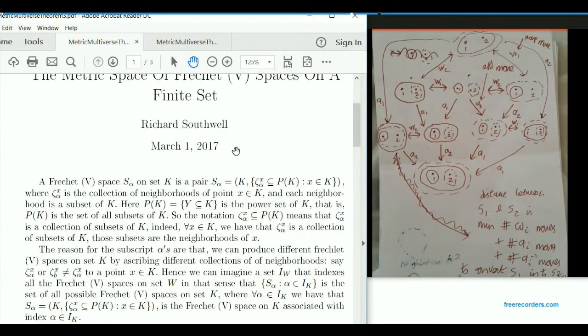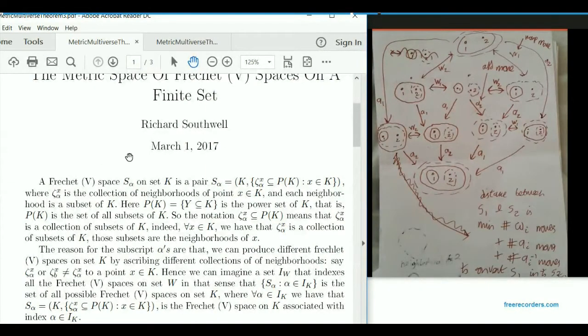P of x denotes the power set of x, that's the set of all subsets of x. So essentially, when we say that zeta of x is a subset of a power set of x, what we're meaning is that zeta of x is a collection of subsets of K.